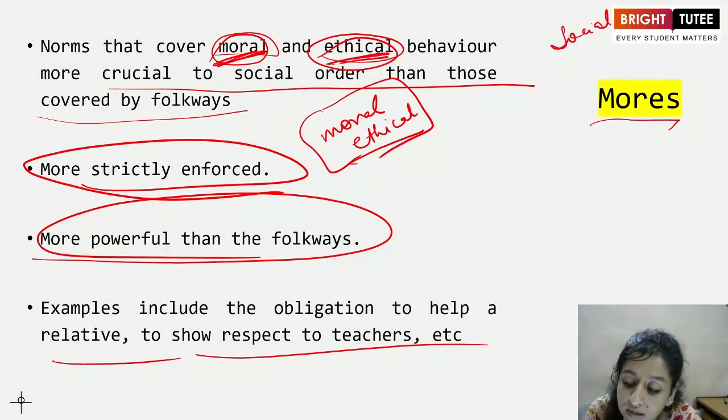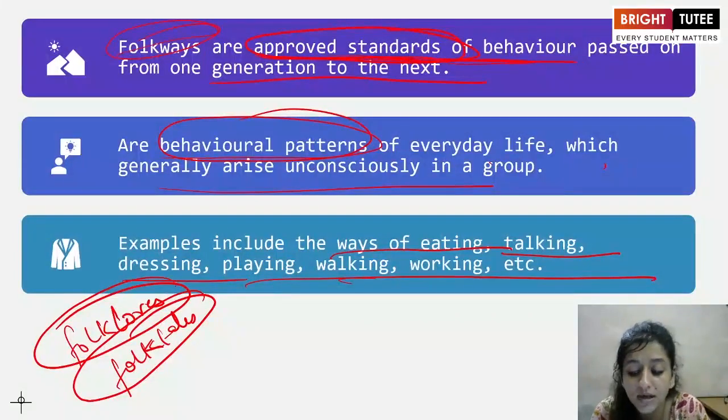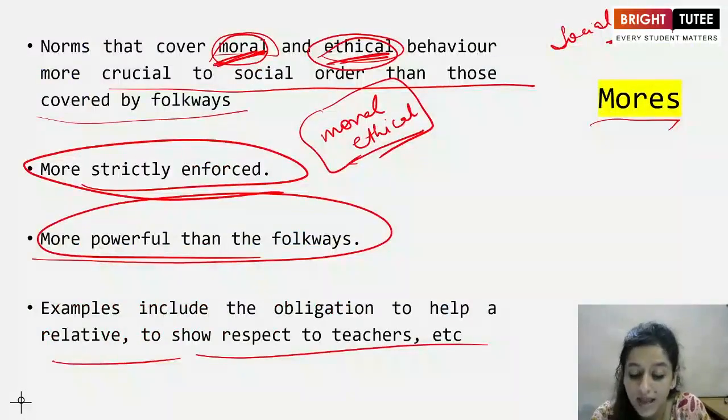One, the folkways, was certain actions that are approved, certain kinds of behavior that are approved. However, mores are certain moral and ethical behavior that becomes crucial to maintain the social order in the society.